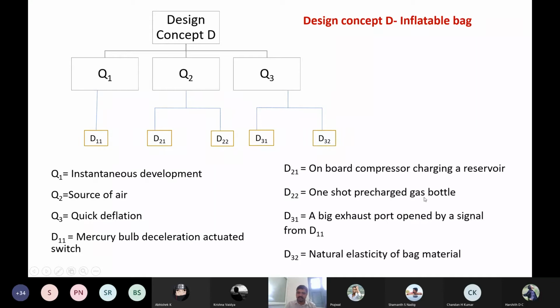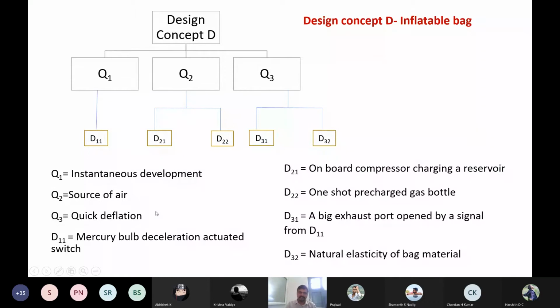That means this gas will be supplied to the airbag, and then the airbag will get expanded. These are the two solutions for source of air. Either you can use a compressor or you can use a gas bottle. Again, you are going to choose only one among these two. That is sufficient.